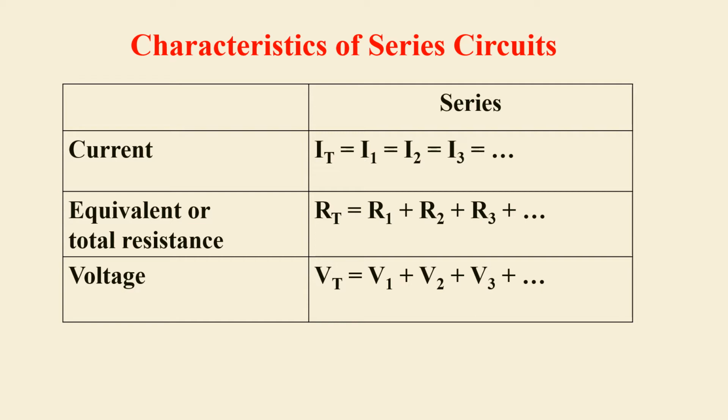That is, R sub t equals R sub 1 plus R sub 2 plus R sub 3 and so on. And the total voltage is obtained by adding all the voltages in the resistors. So V sub total equals V sub 1 plus V sub 2 plus V sub 3 and so on.